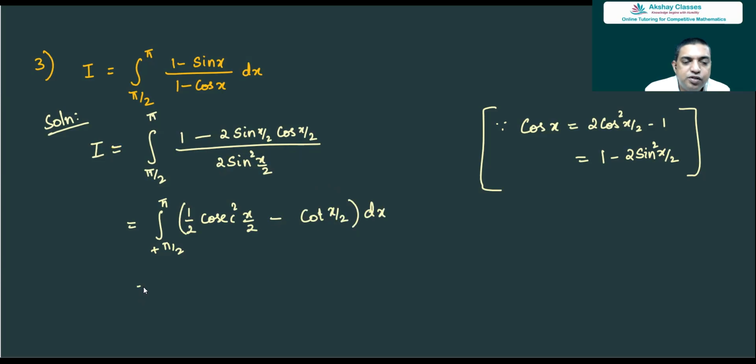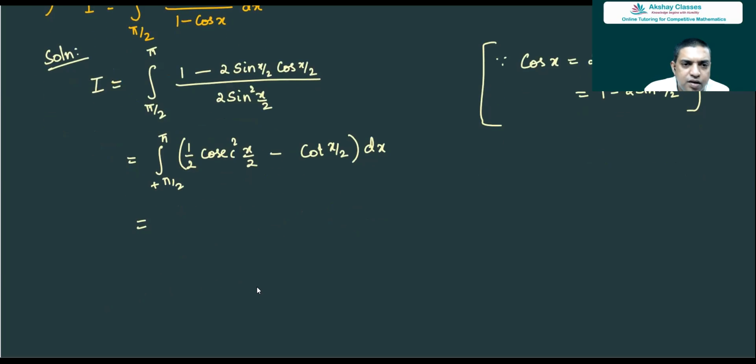Now this we have got into standard forms. Integral of cosecant square x. What is integral of cosecant square x? It is minus cot x. Okay, differentiate this: you will get minus cosecant square x.